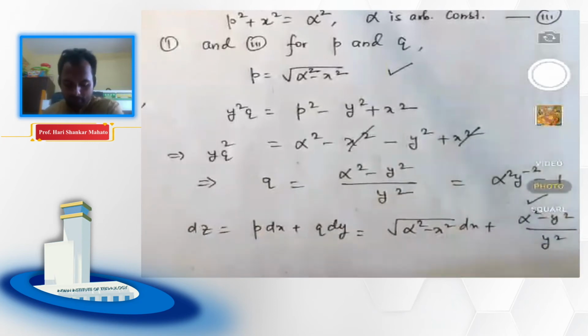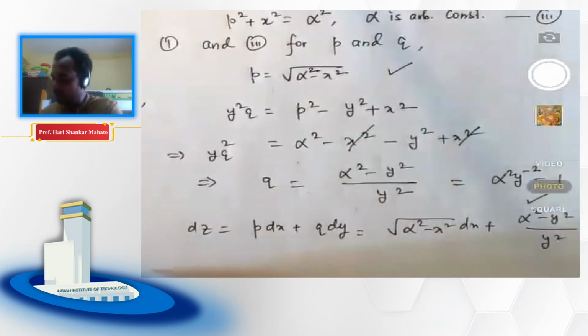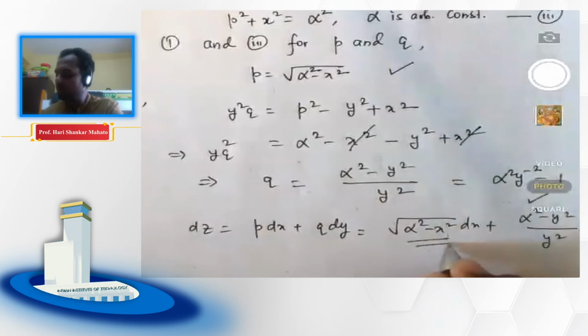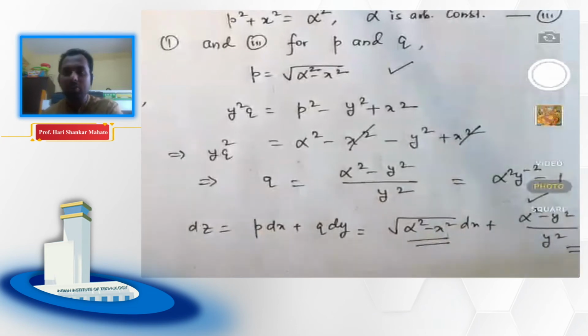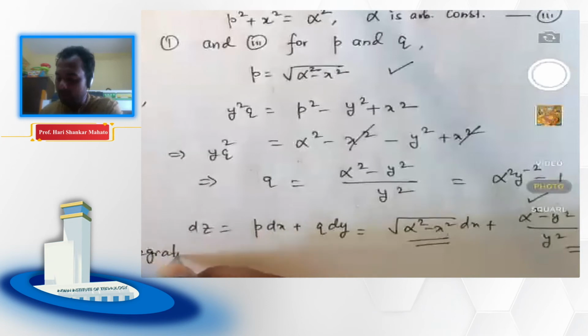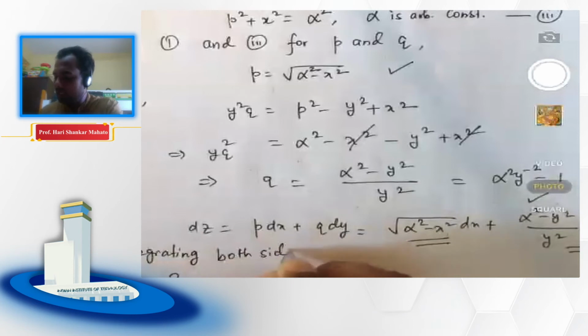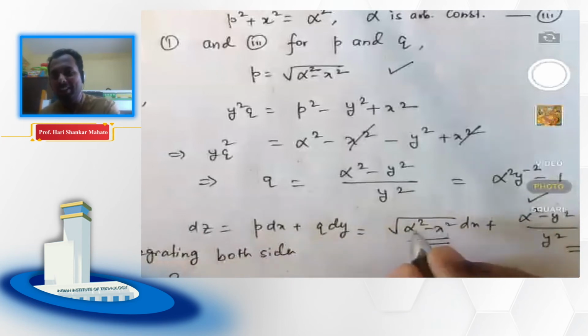So here we can integrate. Because this is entirely a function of x and this is entirely a function of y, you can integrate very easily. So after integrating both sides, you also have to remember some integration formulas. This will involve sine inverse x by alpha and all those things.